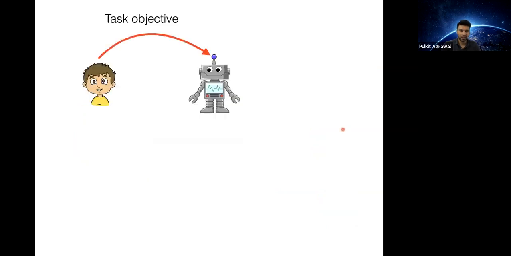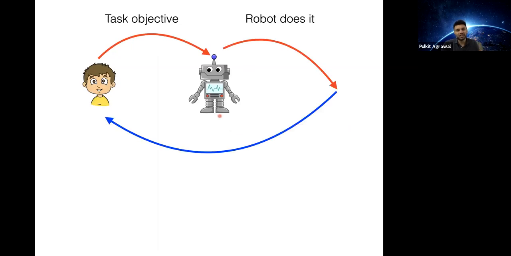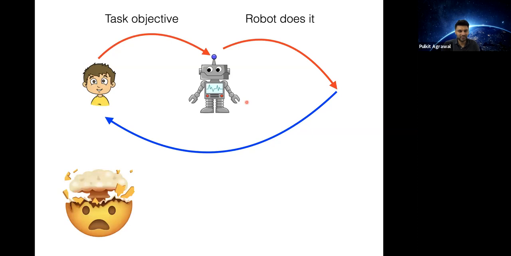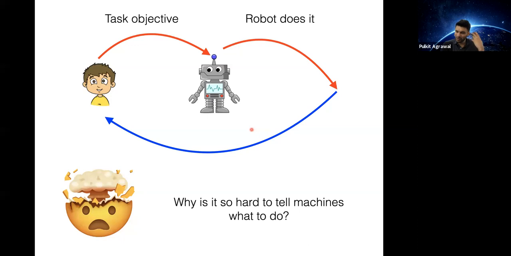So the problem is, we want to tell the robot to do something. The robot goes and does something, and then we are like, what happened, right? And then we go modify the reward function, right? And we should really ask this question: why is it so hard to tell machines what to do, right?